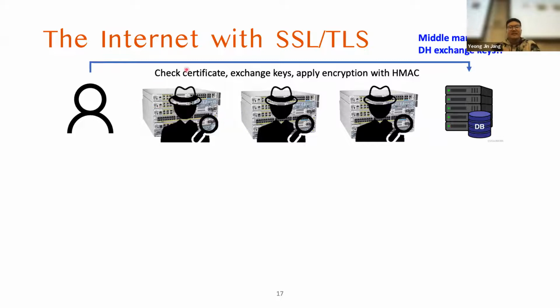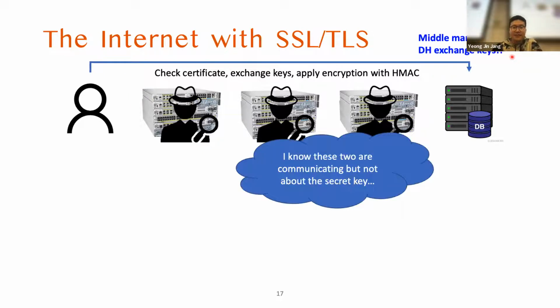Because we do certificate-based authentication, middlemen will never know the Diffie-Hellman shared key. The middlemen know that I am connecting to that server because the IP address part is not encrypted at all. They know that I'm communicating with that search server, but they don't know what I searched and what the search result was.